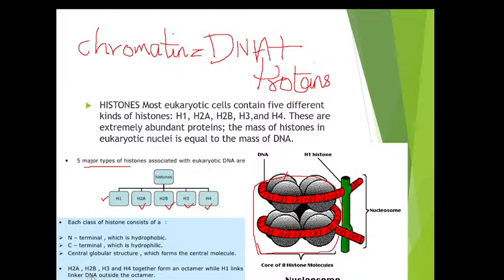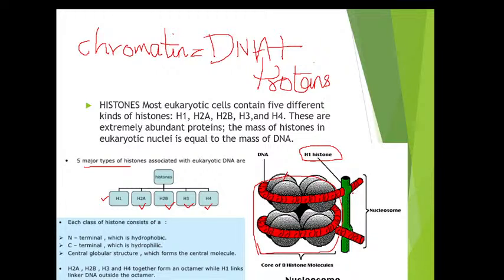So H2A, H2B, H3 and H4 are found in 2 numbers and they form an octamer. But H1 is found outside the core region and it is associated with the linker DNA.